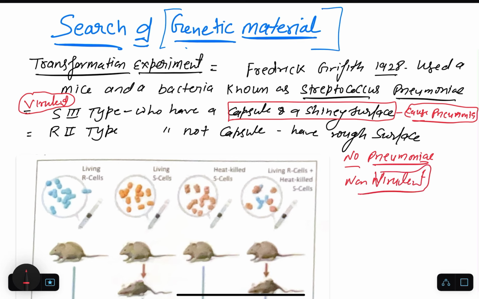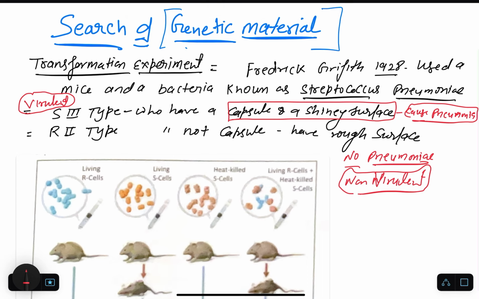So from this it is clear that the S type strain has a virulent property and may cause pneumonia in mice, and the R type strain doesn't have a virulent property. That's why it is non-virulent and does not cause pneumonia in mice.